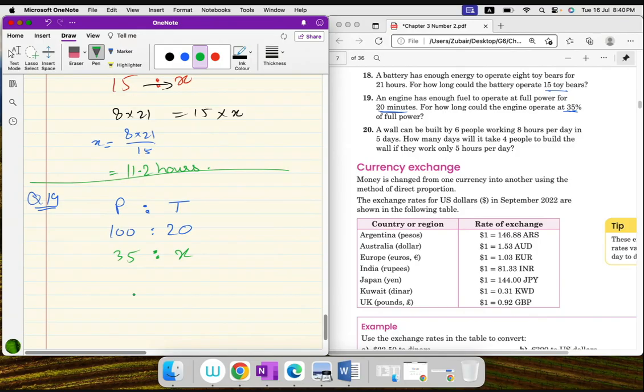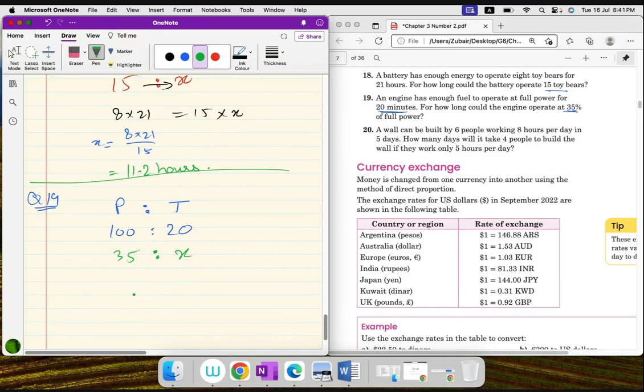Ali, how is it direct? Because, wait, no, it's inverse. Because it's decreasing from full power at 100 to 35. It is inverse proportion.